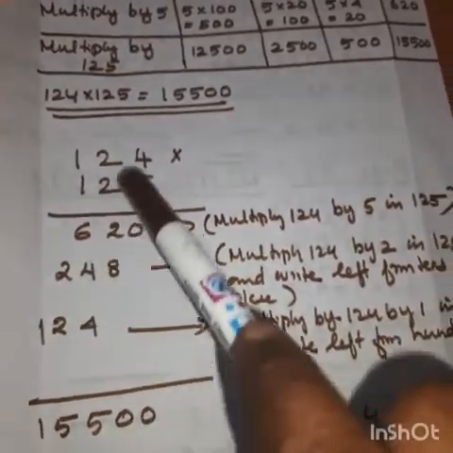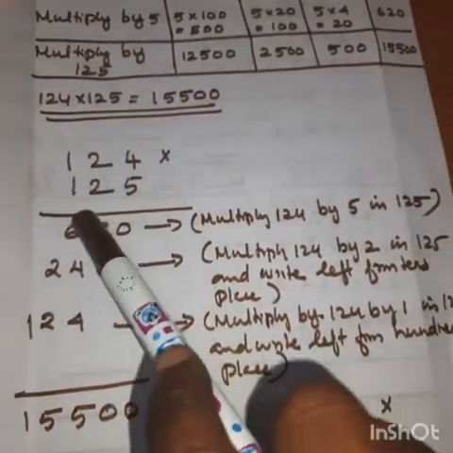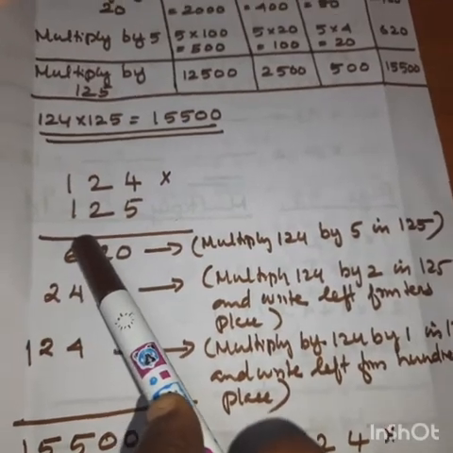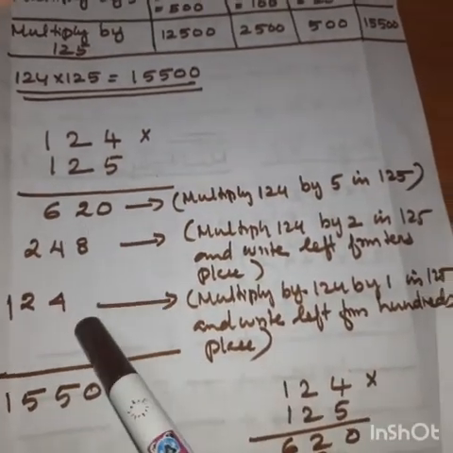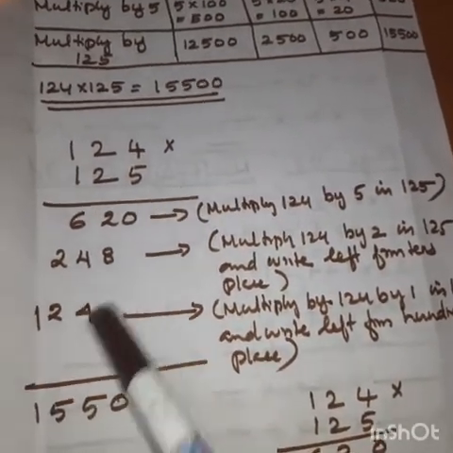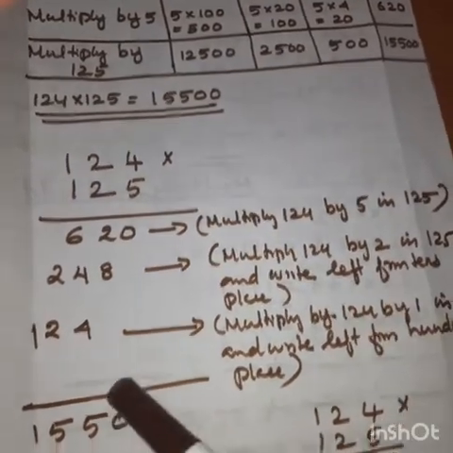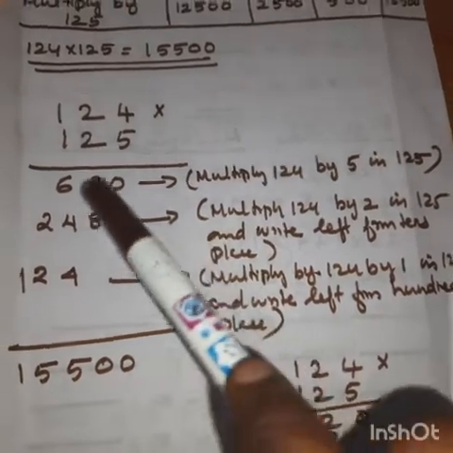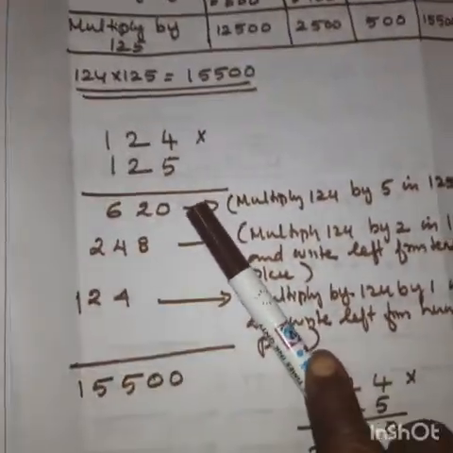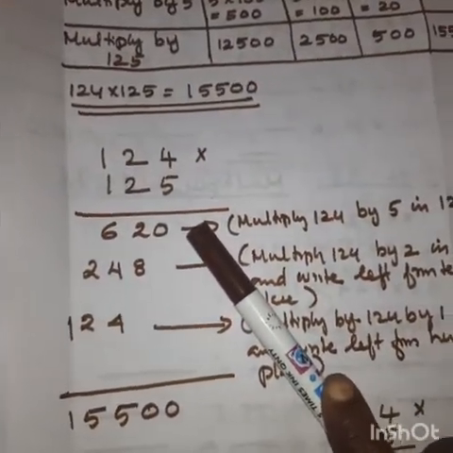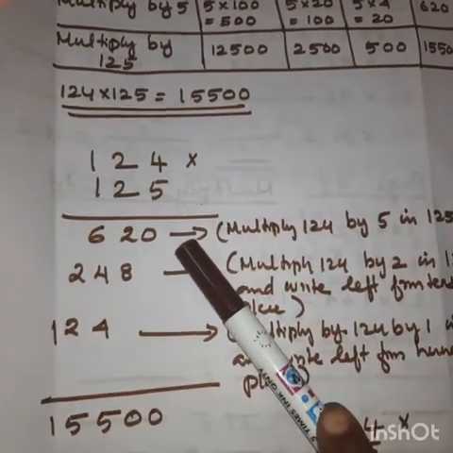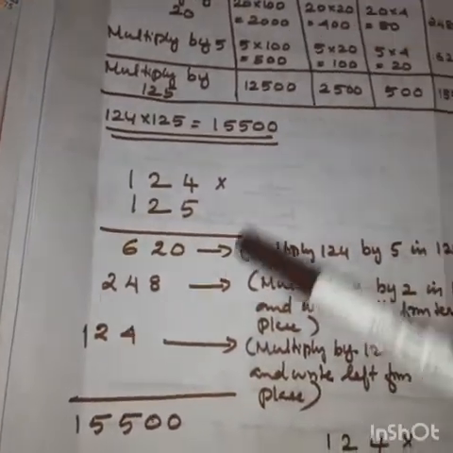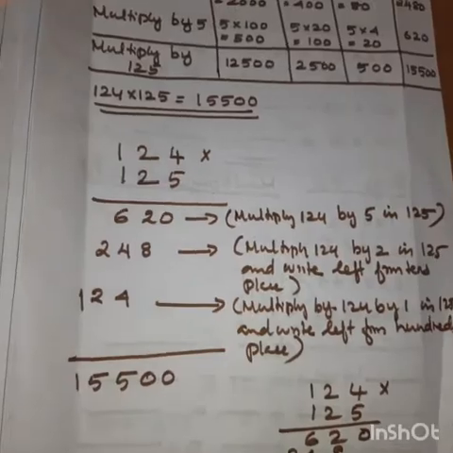And again 124 is multiplied by the 100th place digit 1 and write from the 100th place to left, that is 124. Then adding these three we get 15,500. This is the actual multiplication of two 3-digit numbers. This is the easy way to understand this actual method.